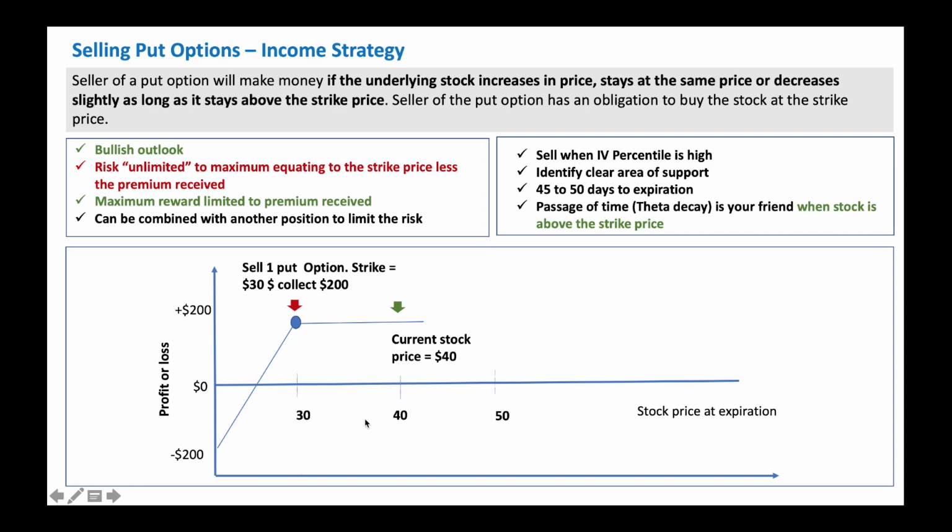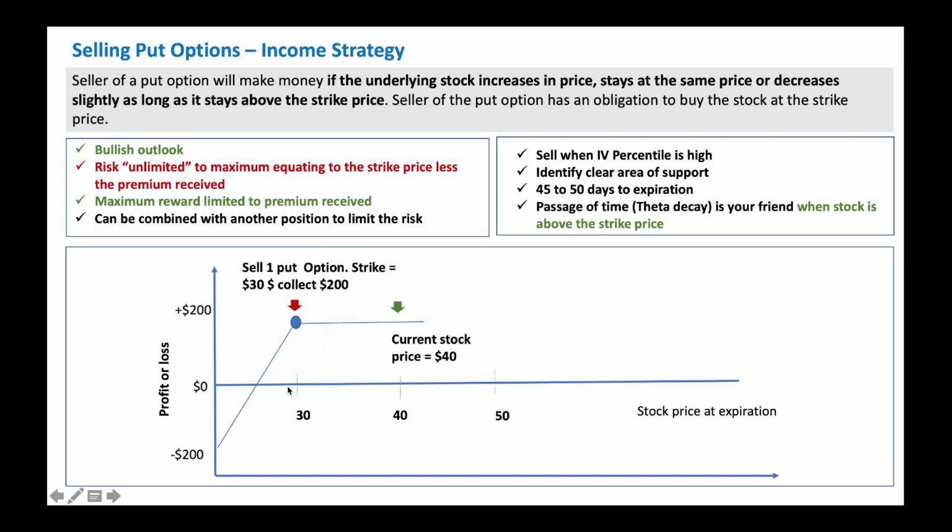Even though the stock is at $40, you sell the put option at $30. The stock can go higher, 40 to maybe 50, 60, 100, or the stock can come down to maybe 31 or even 30. In those scenarios, you will still make money. You get to keep your premium here, $200.